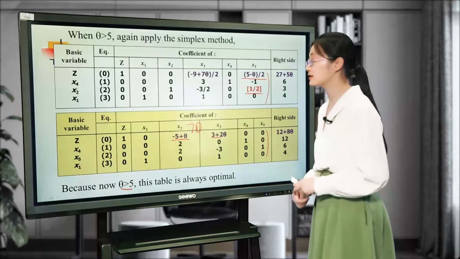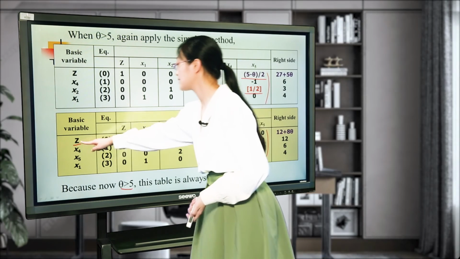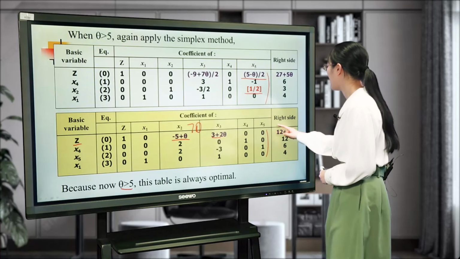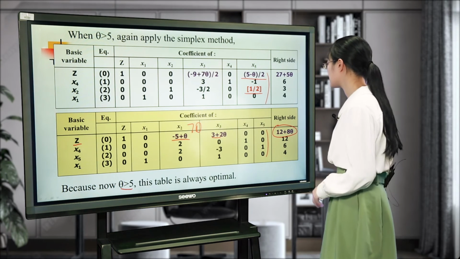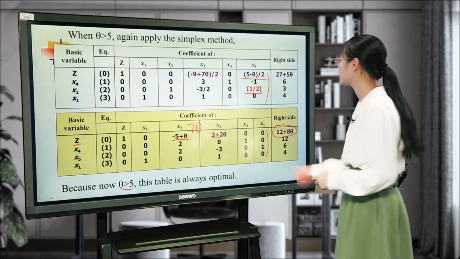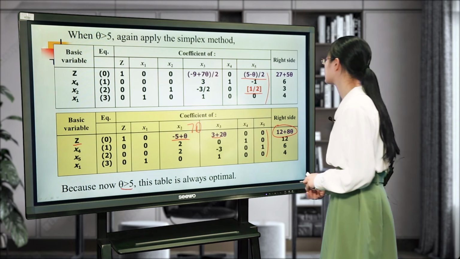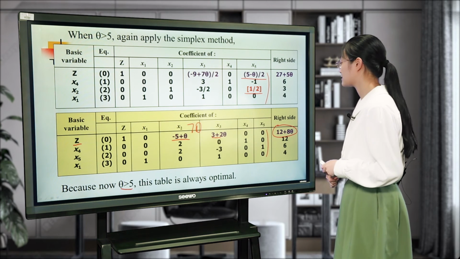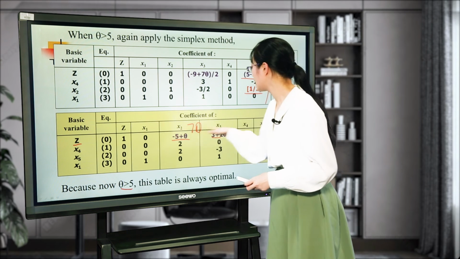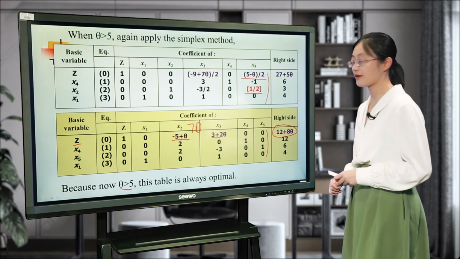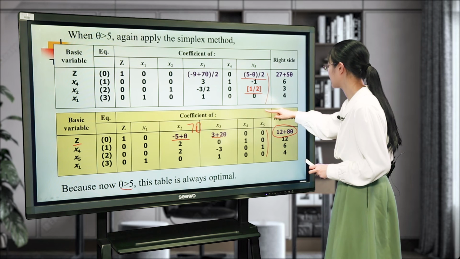And under this condition, we can see that in this case, our objective function again is expressed in terms of theta. As theta increases, our objective function also increases, 12 plus 8 theta. So at this point, no matter how theta increases, this is always our objective function, and then we can roughly draw its picture.